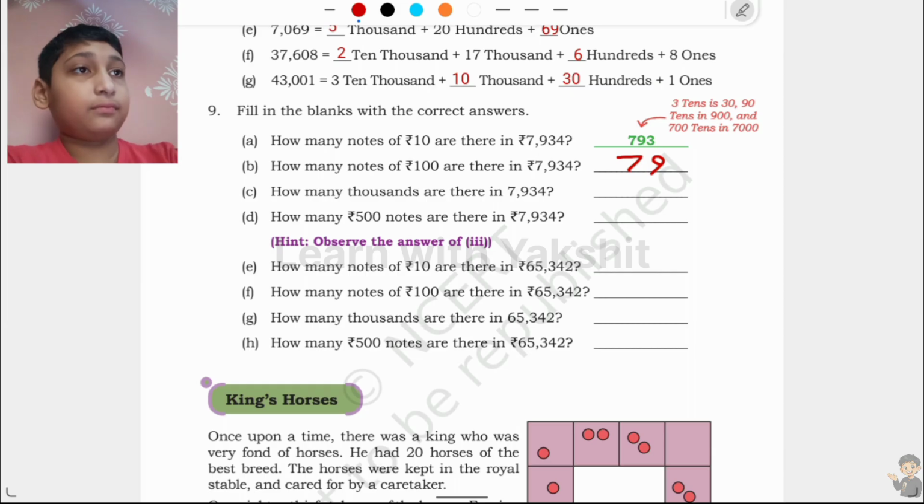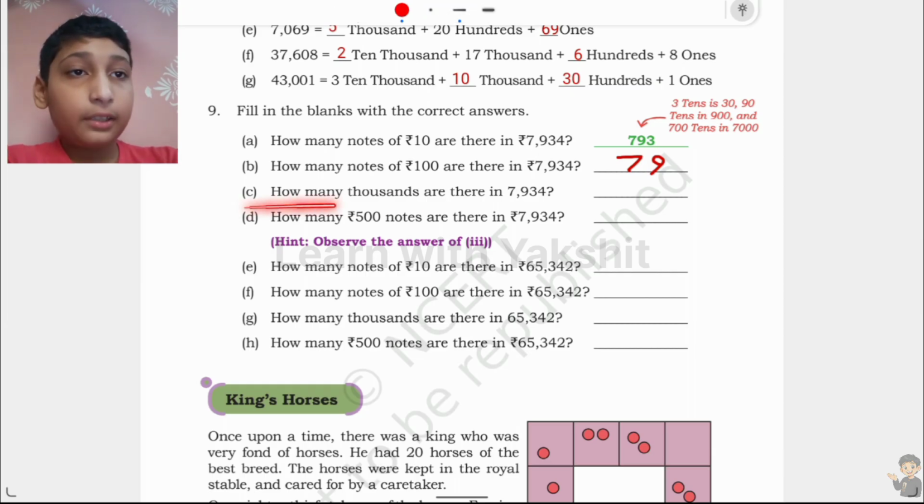Next one is how many thousands there are in that exact same number. Now we have to cut behind the thousands. Let's cut. Ooh, it's 7.